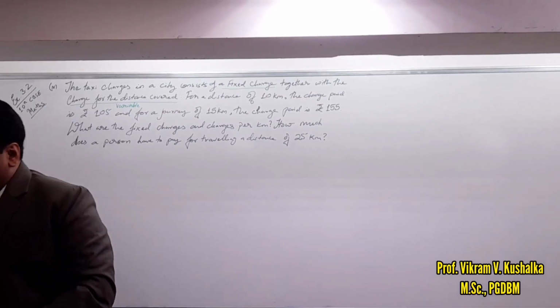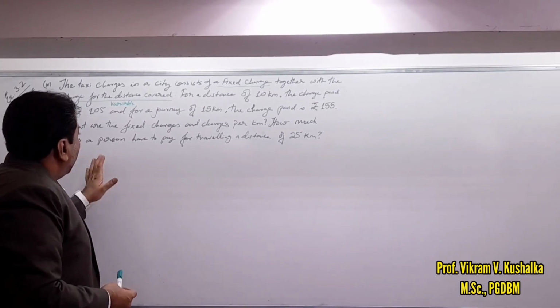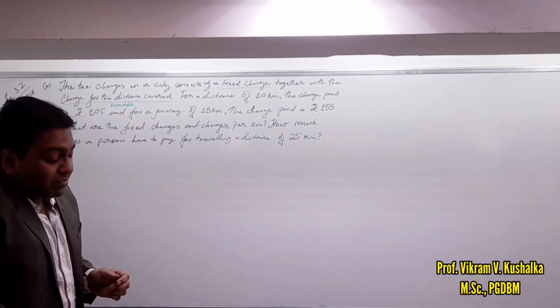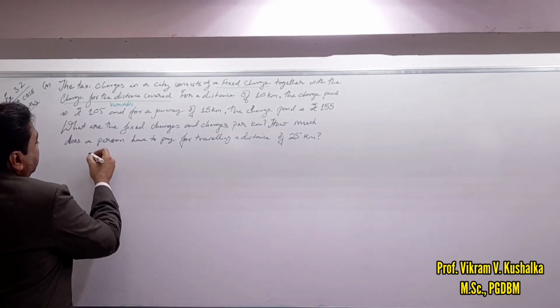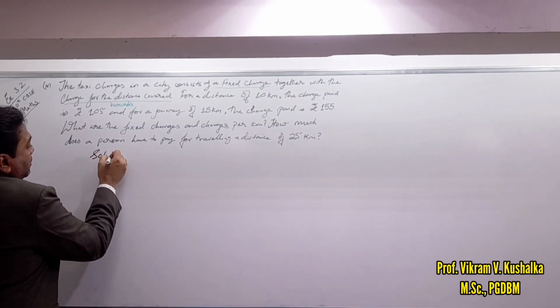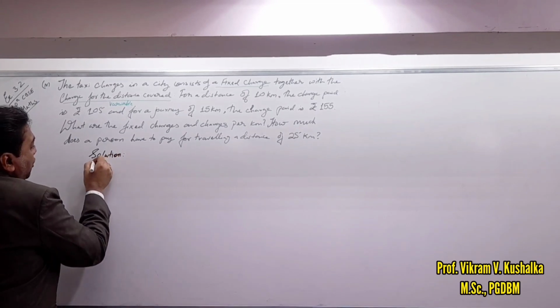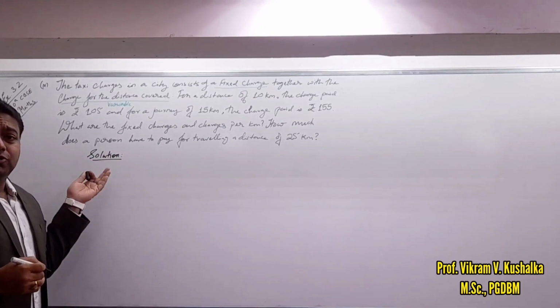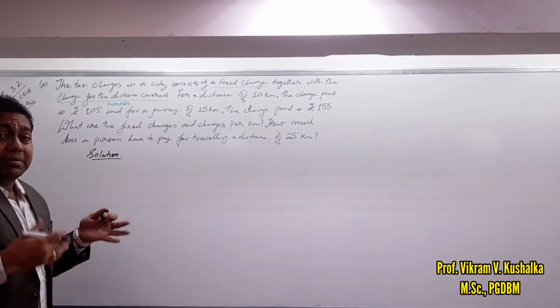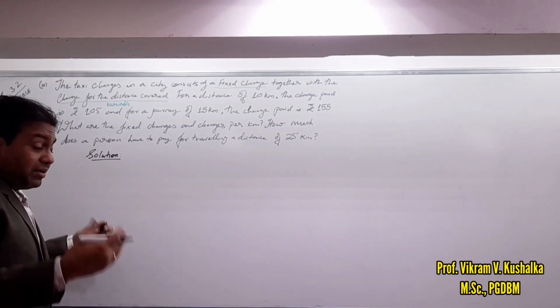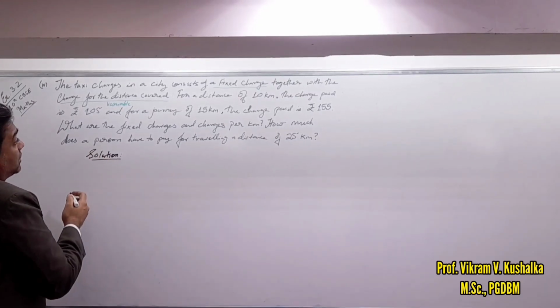So let's see what we are supposed to find out and what is given to us in the question. Always when you start solving a question, the solution is the first part that you write down. Presentation makes it really good. So what is given to us?